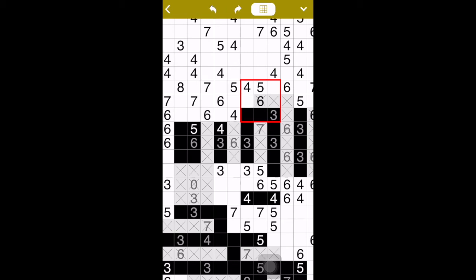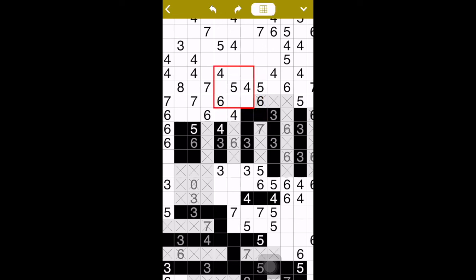And then lastly, let's take a look at the 4 and the 5. In this case, we have 3 spaces that are overlapping. If you look at the 4 and the 5, these 3 spaces are overlapping.